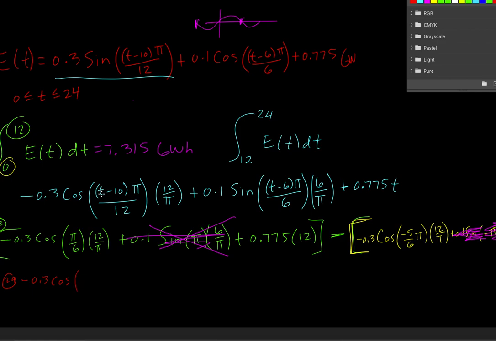If we plug in 24, 24 minus 10 is 14, and then that's going to be 7/6 pi. And we still have that. Okay, and then sine, plug in 24 minus 6 is 18, so that's just going to be 3 pi.